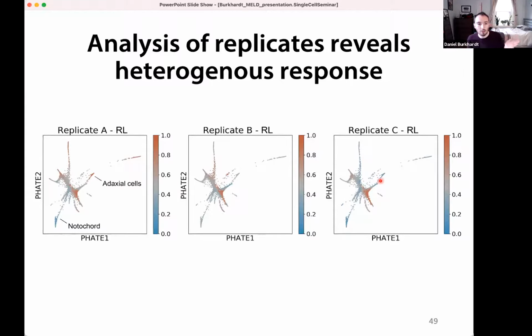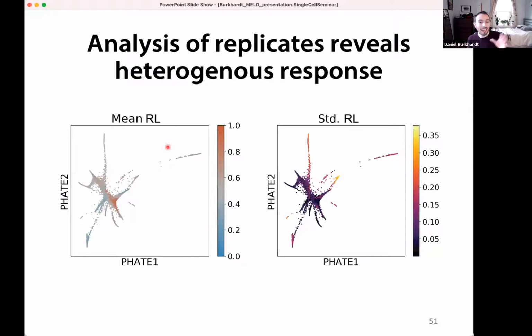We know that there's variability in this cell type. But take, on the other hand, cells like the notochord, where we see depletion in the cordon condition in replicate A, moderate depletion in B, and then strong depletion in C. I would be pretty confident saying the notochord is consistently depleted as a result of cordon loss of function in the zebrafish embryo.